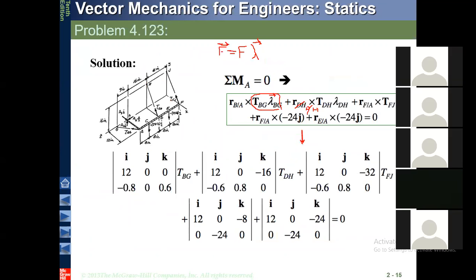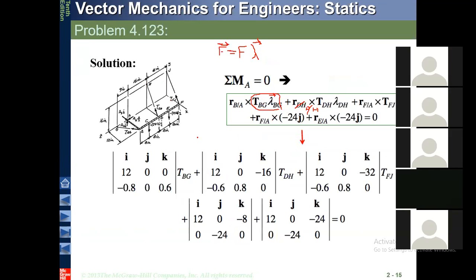Okay, so you have R from B to A and force TBG, which you represent by TBG times the unit vector along BG. I have to emphasize one more time that this TBG is not a vector, it is a magnitude. So it is a scalar.